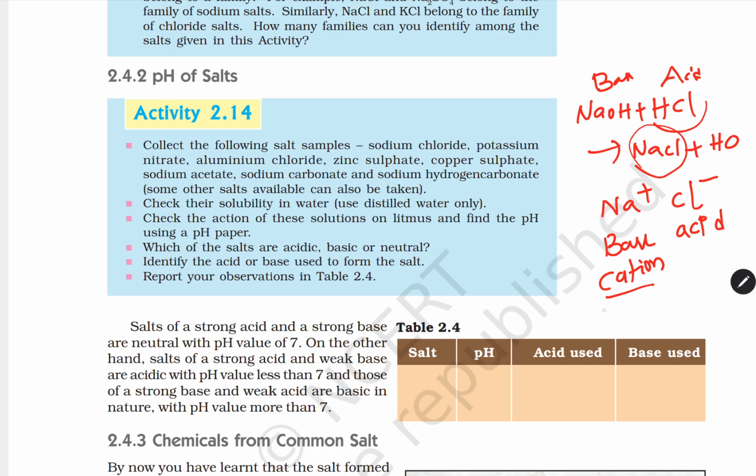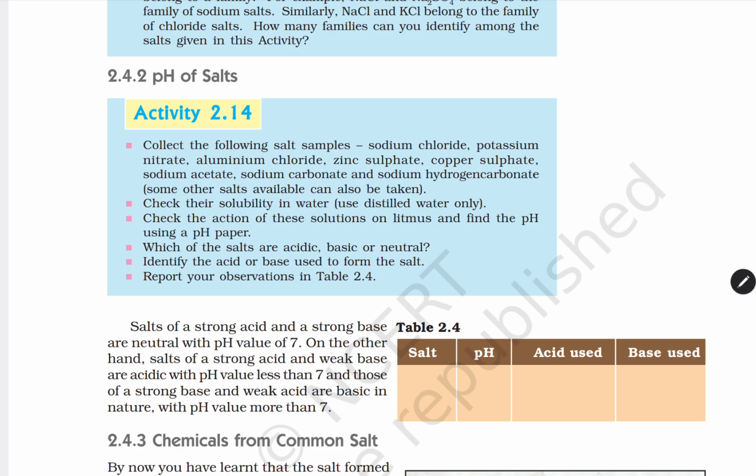We can also categorize salts: salts with the same cation come under one family. For example, all sodium salts, with Na+, come under one category, and all the salts with the anion SO4 2-, belong to sulfate salts. Like that we can categorize.